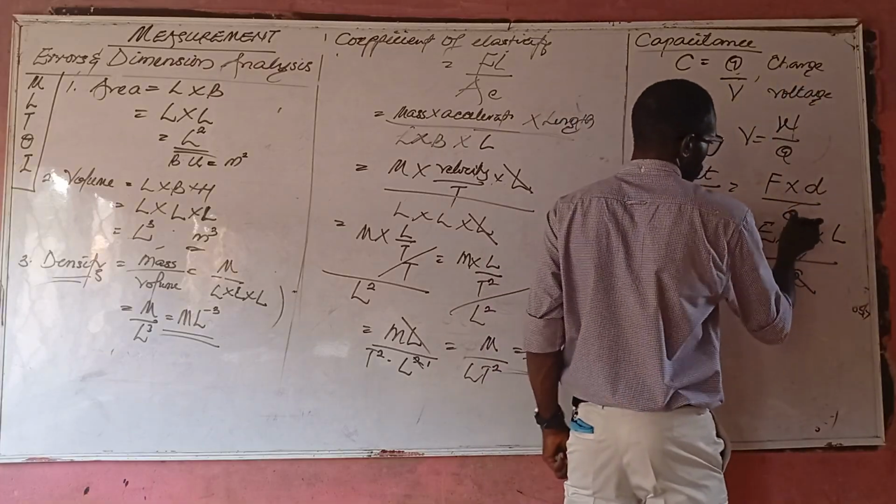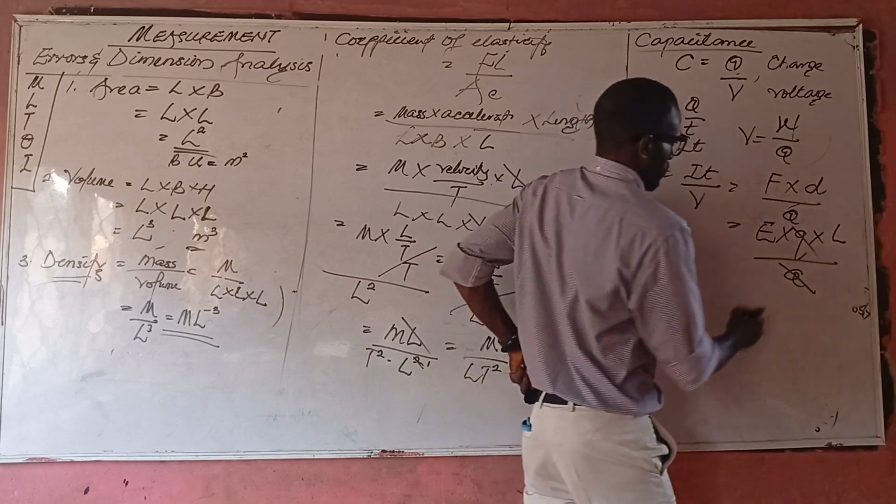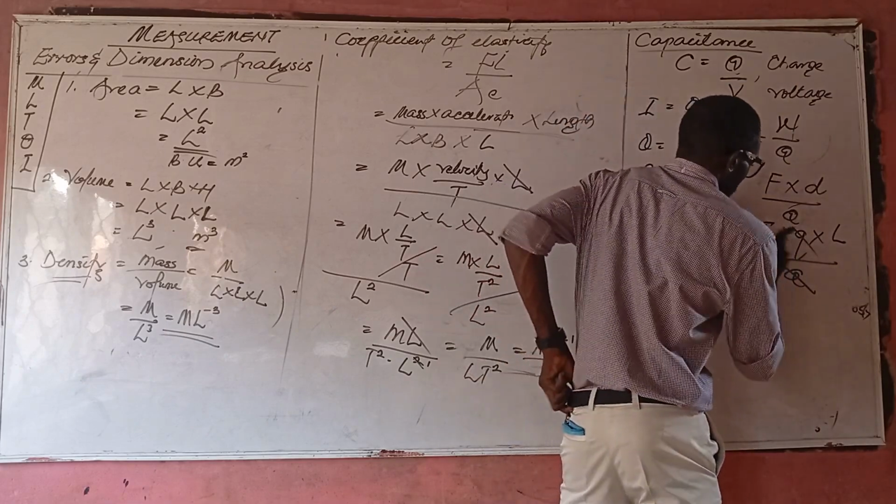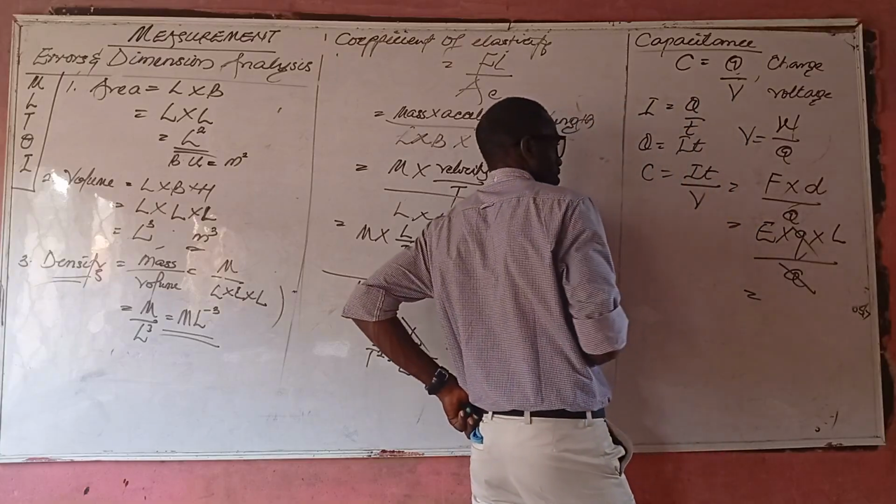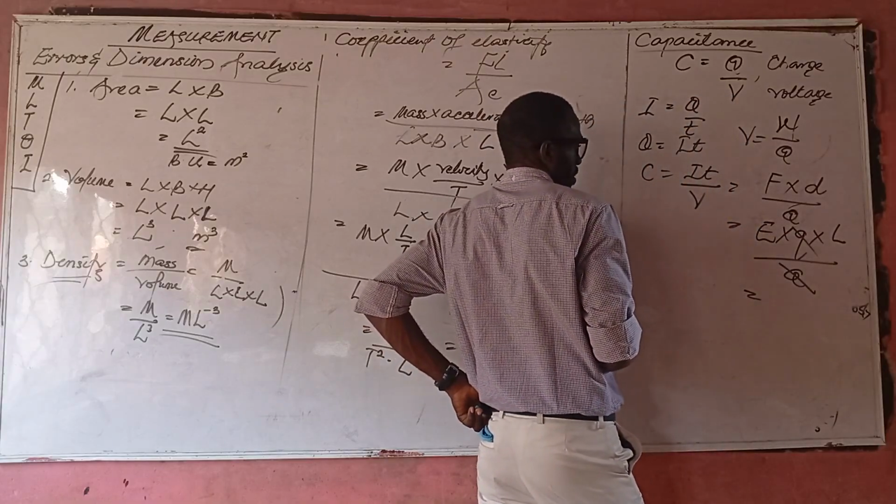So Q can cancel from here. E is electric field intensity.